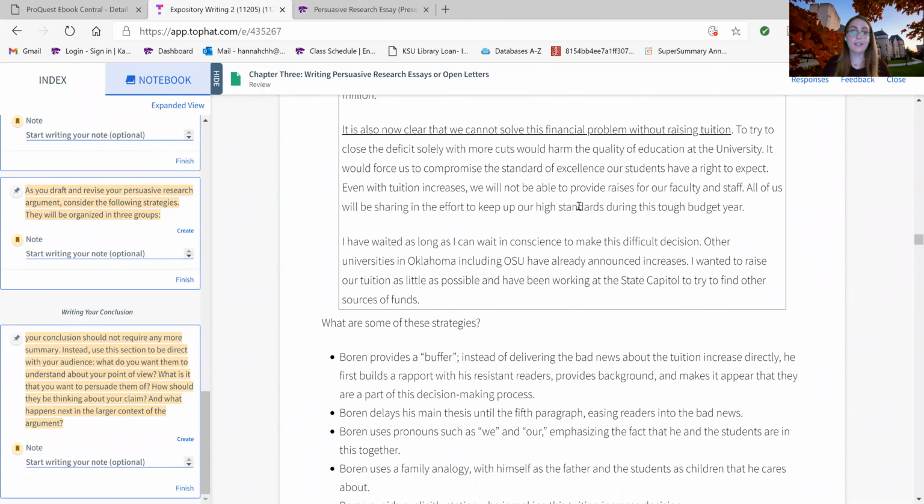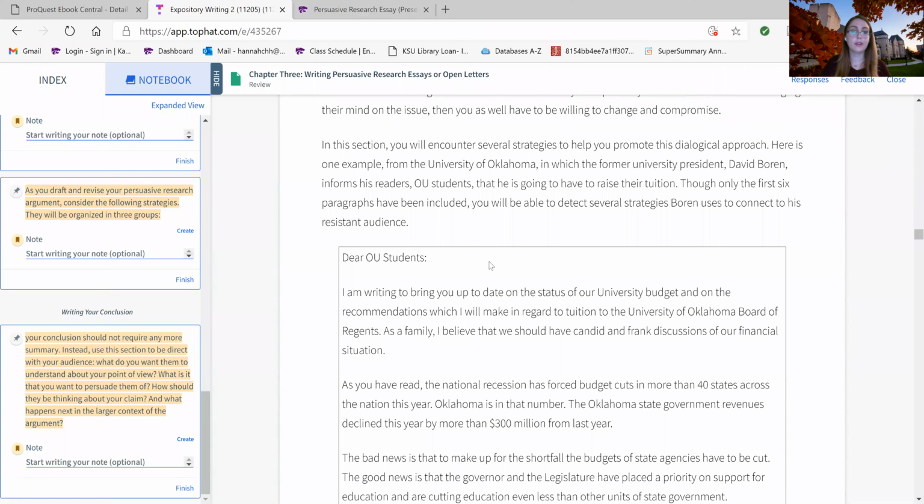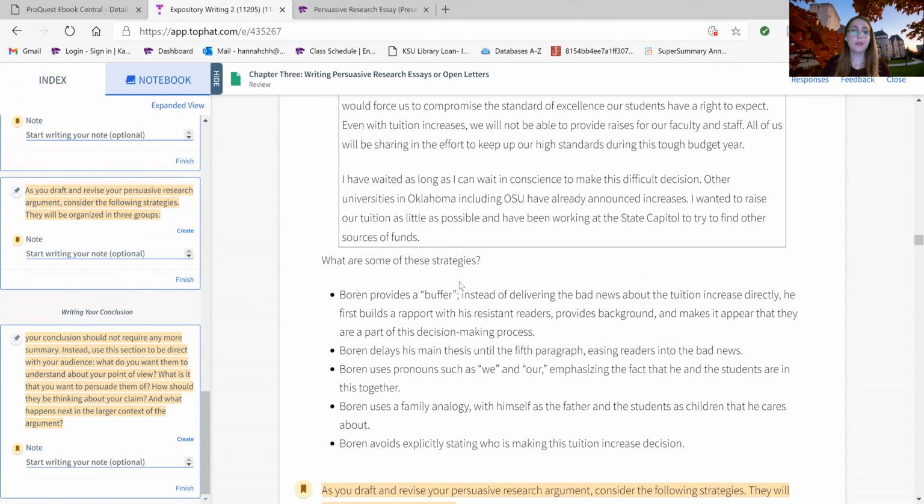So if you read this essay above, "Dear OU students," down below, this is an example of some strategies that the student used. So if you see, the student provided a buffer about the issue before they went directly into it to approach the controversial issue. The student used the delayed thesis strategy, so they put the delayed thesis at the end of the essay, the 5th paragraph, although there could be more than 5 paragraphs in your essay.